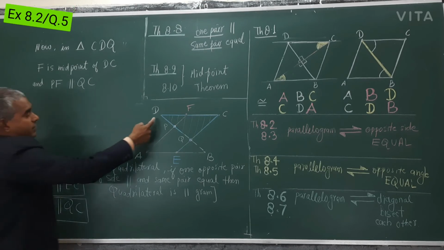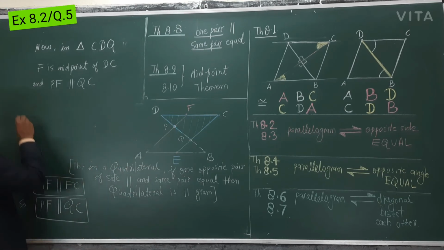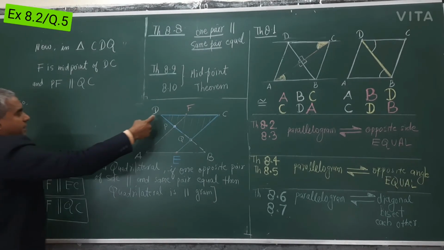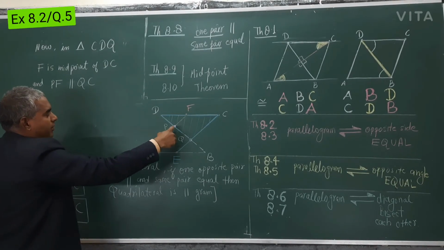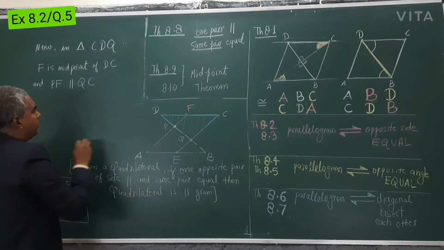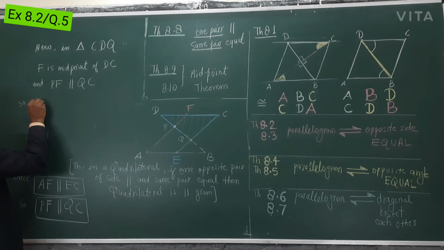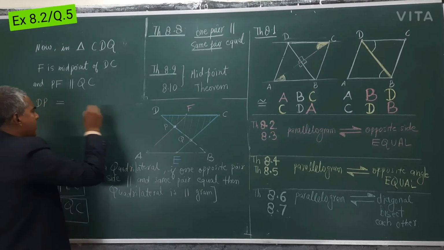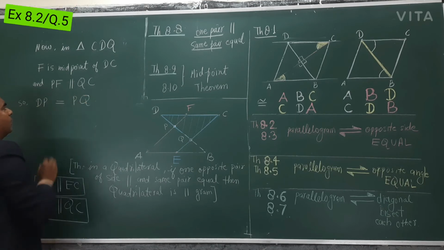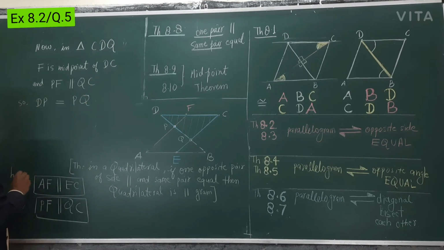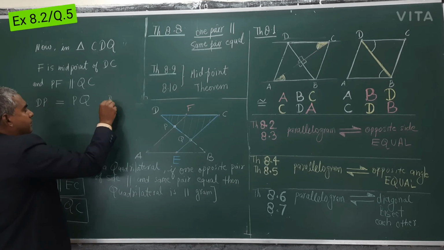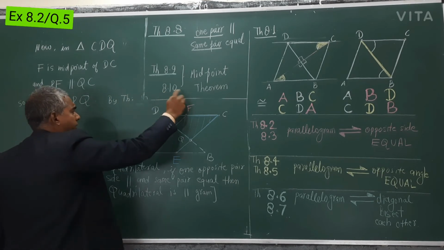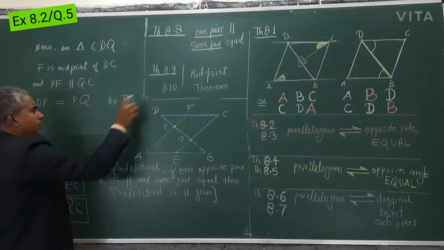So you will get that P is also the midpoint of DQ. So DP is equal to PQ, and this you have written by the inverse of the midpoint theorem, by theorem 8.10.